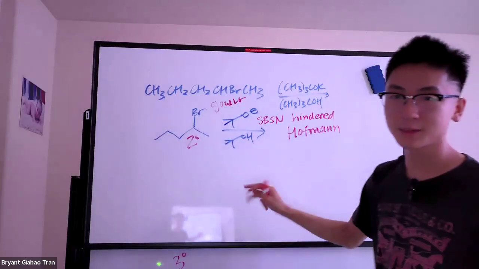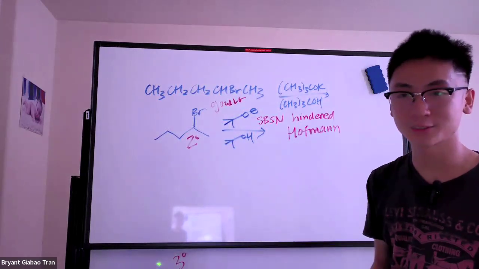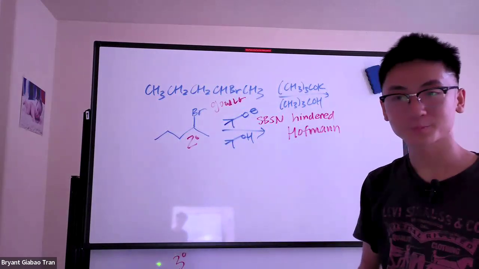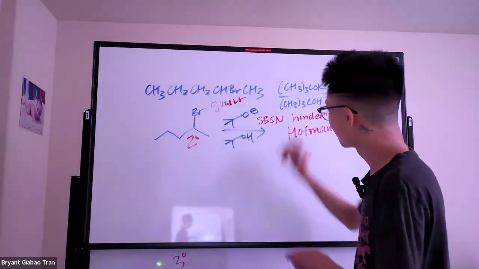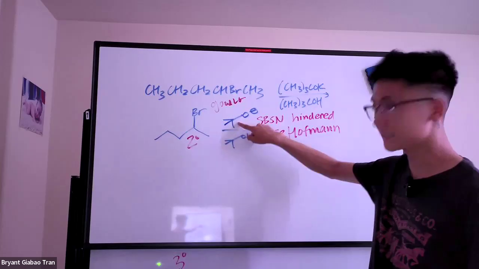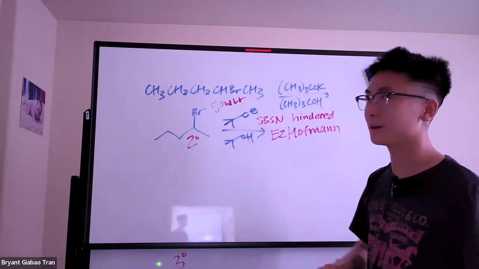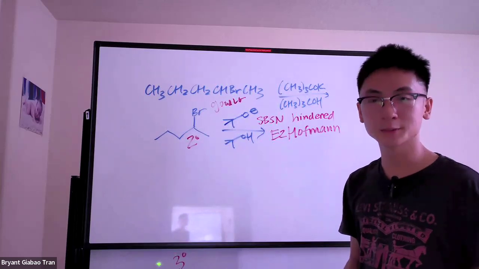So how would you predict the product here? If we're doing the mechanism, how would we draw the mechanism out? What do we have to look out for when we try to do this E2 Hofmann mechanism? Steric hindrance. Yeah, this is sterically hindered, meaning that what carbon are we looking at to deprotonate?